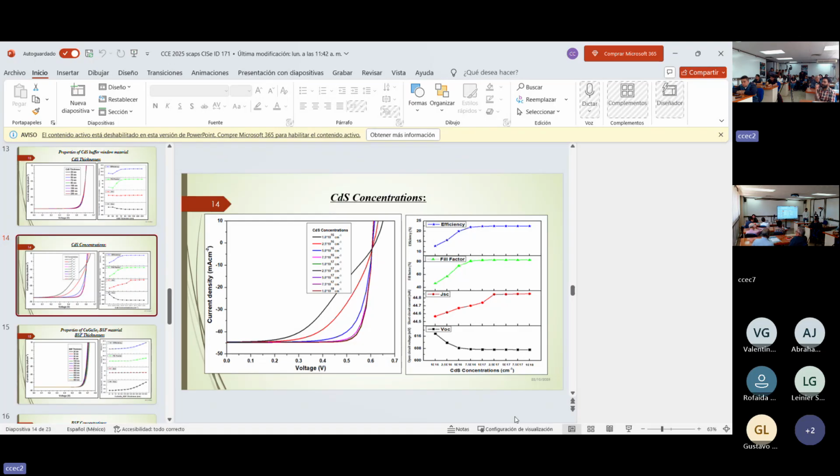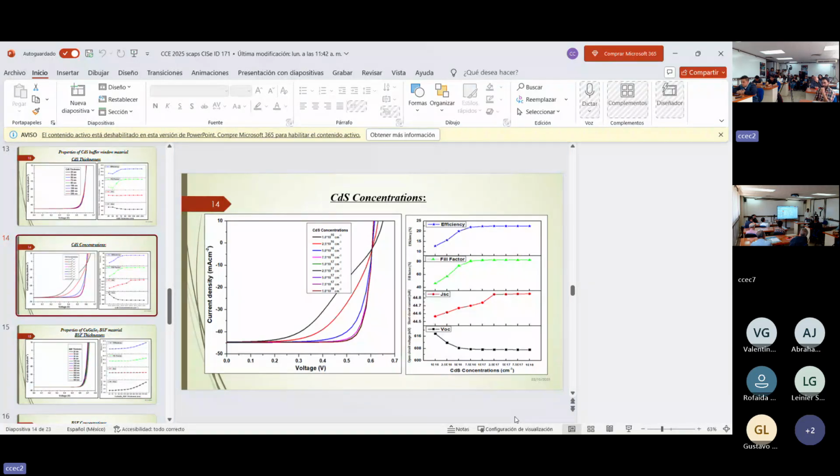Okay, if you can show that you can vary it experimentally in this range, I will agree with you. But I don't think so. And this is only one example. For the absorber, copper indium gallium selenide or copper indium selenide, it is also very difficult.